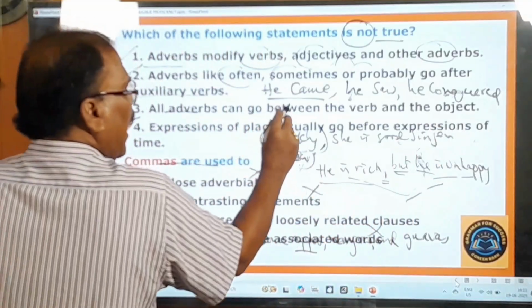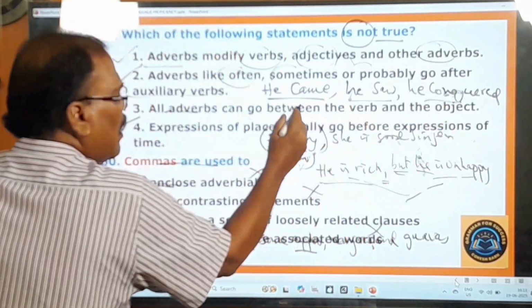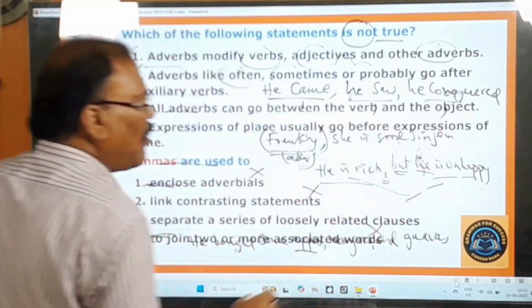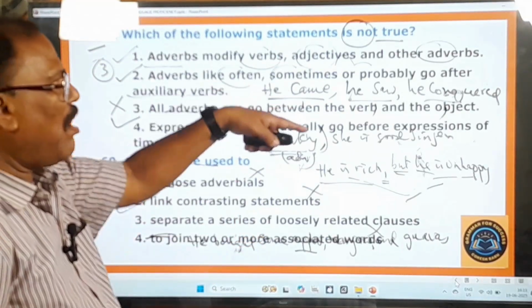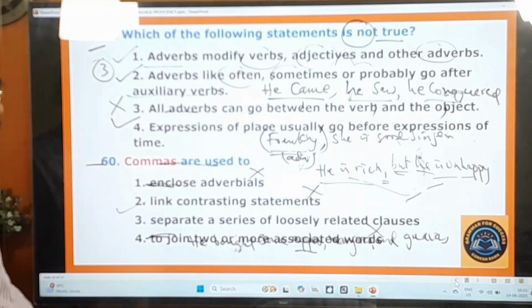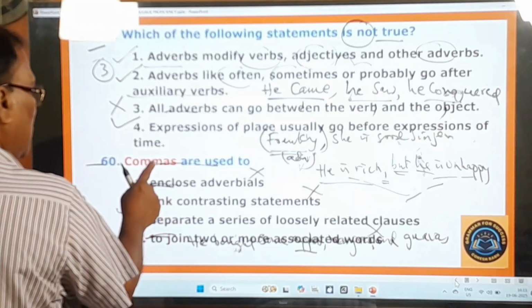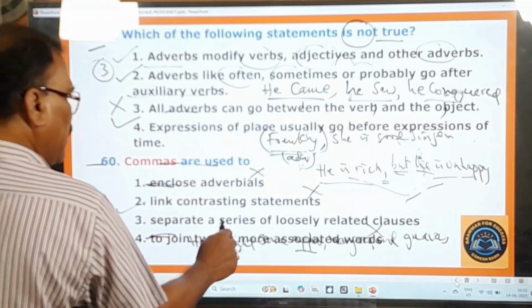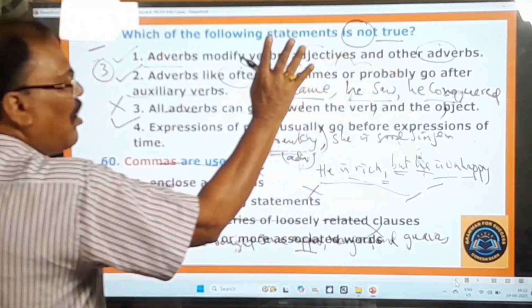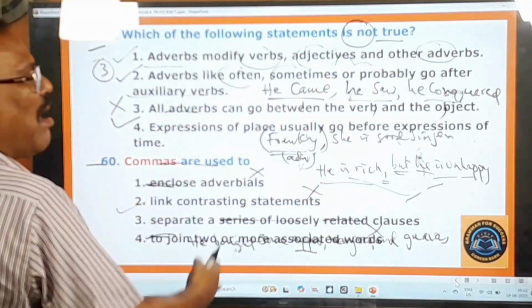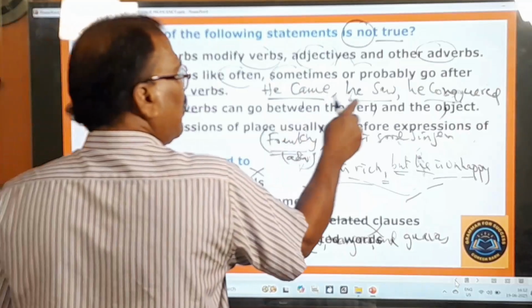He came, he saw, he conquered. So this is a clause, this is a clause, this is a clause. All these clauses are just separated. Isn't it? So these commas are used to separate a series of loosely related clauses. All are separated by this comma.